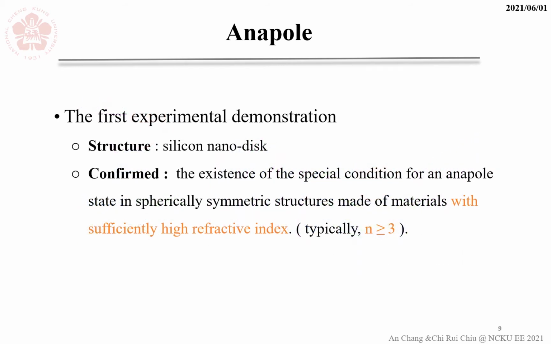The first experimental demonstration of an anapole was reported in 2015 for a dielectric silicon nanodisk. In this work, they confirmed the existence of spatial conditions for an anapole state in spherically symmetric structures made of materials with sufficiently high index.